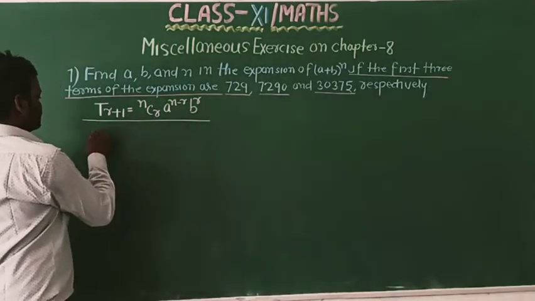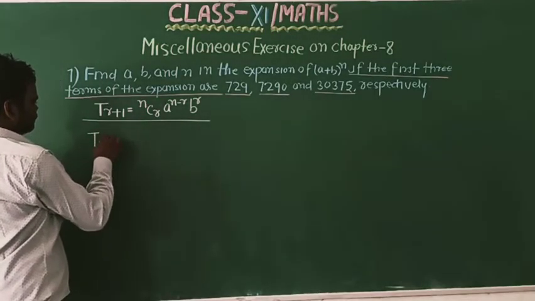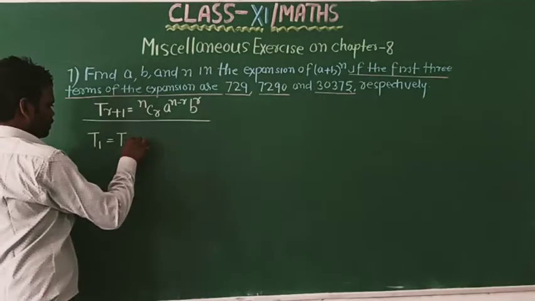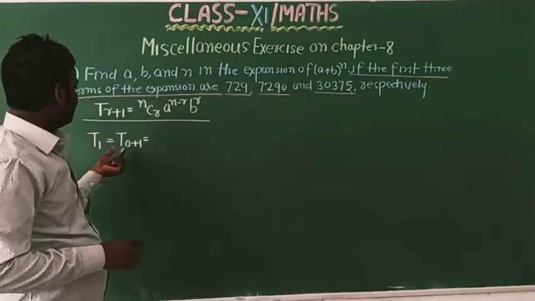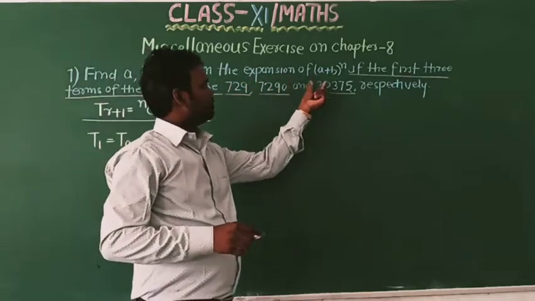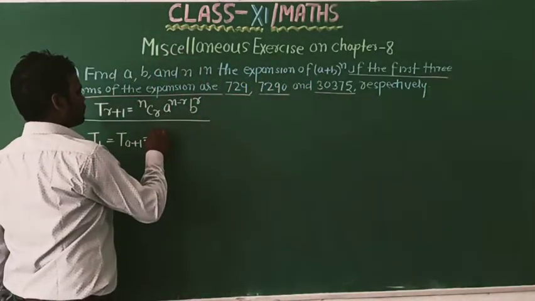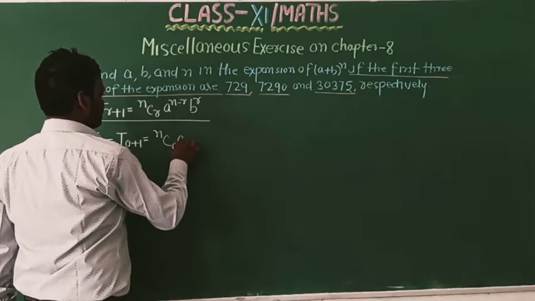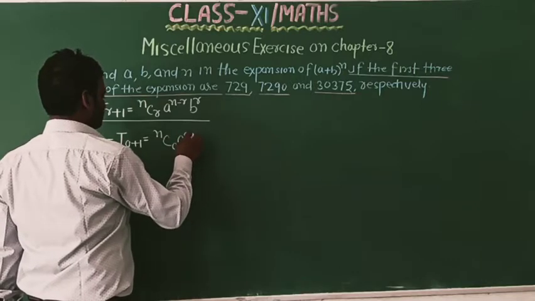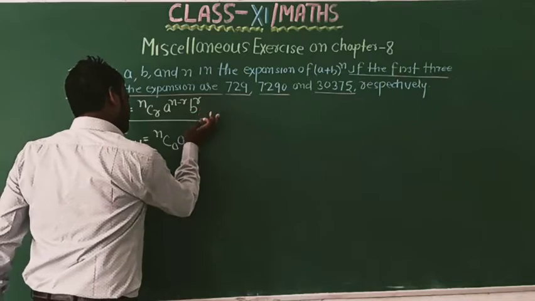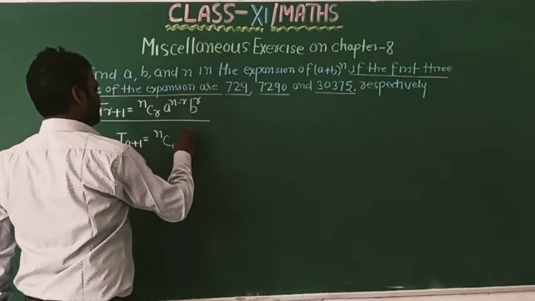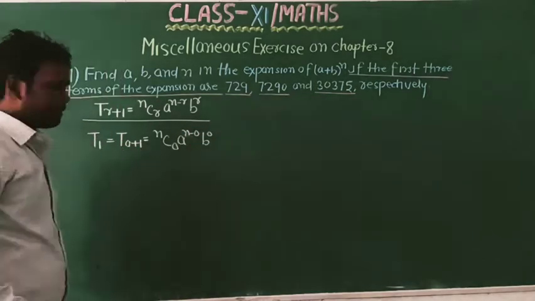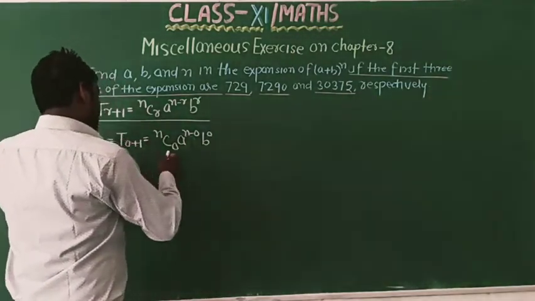The first term T1 is written as T(0+1) in the expansion of (a + b) to the power n, which is equal to nC0 a to the power n minus 0 and b to the power 0.